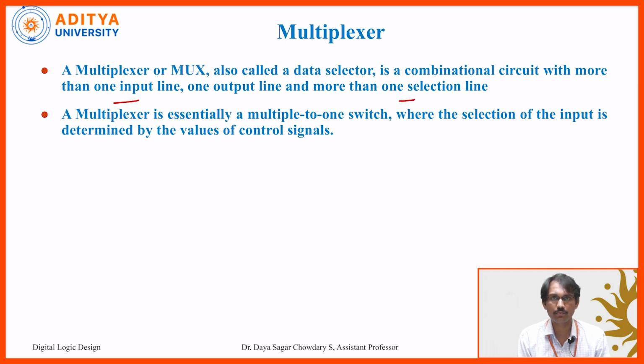We can expect more inputs and more selection lines, but the output is only one line. A multiplexer is essentially a multiple-to-one switch, because inputs are many but the output is only one, where the selection of the input is determined by the values of the control signals, and it is used for transmitting data.